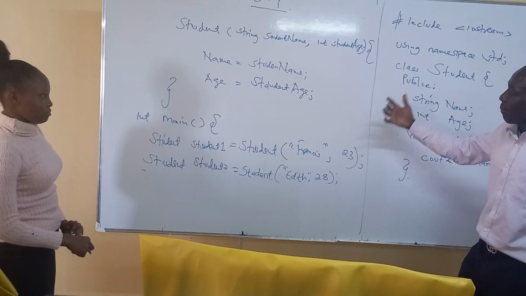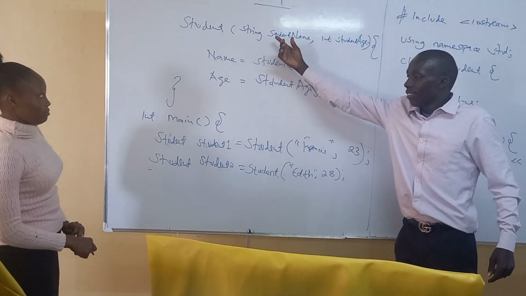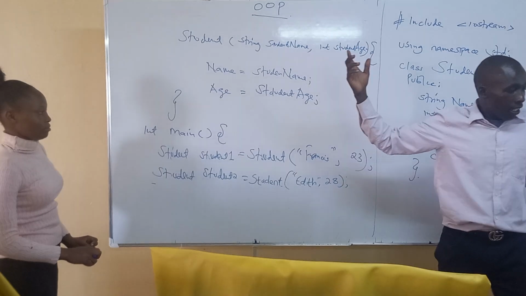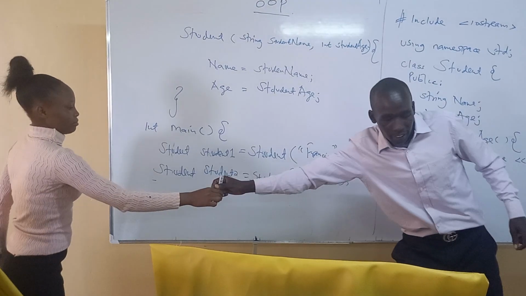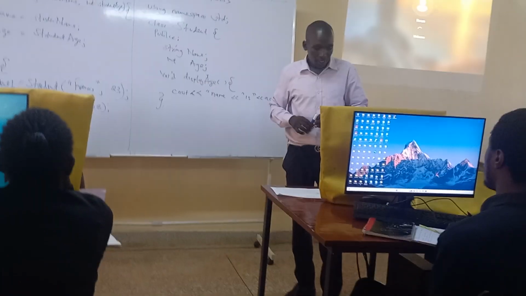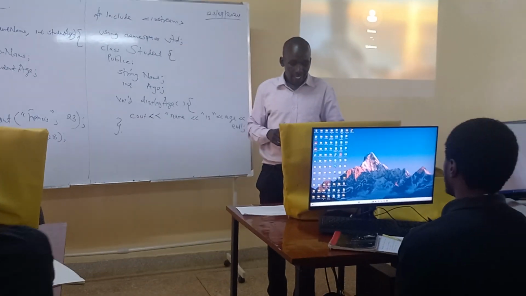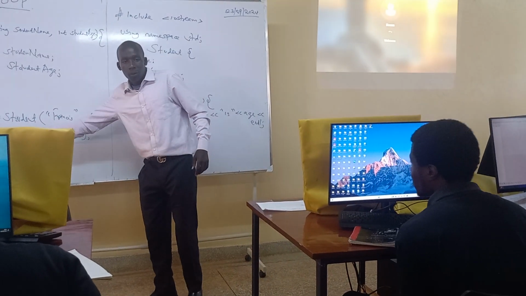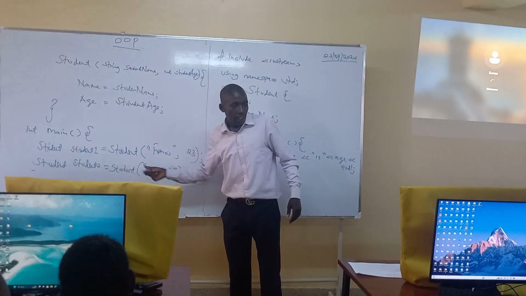We are passing some arguments to satisfy these parameters, right? Just one second. During the beginning of this session, we agreed that a constructor is a special member of our class that initializes the object of our class. This is the initialization we are talking about, right?